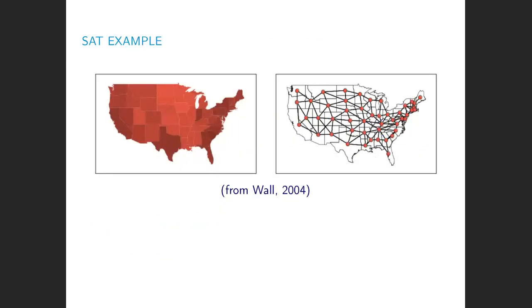Just to look at this a little bit more closely in the context of a particular example, this is another famous spatial data set from Melanie Wall's 2004 paper that looked at comparing the SAR and the CAR models. Here we have the 48 contemporaneous states of the US, and we impose a neighborhood structure that says states are neighbors of each other if they touch each other.